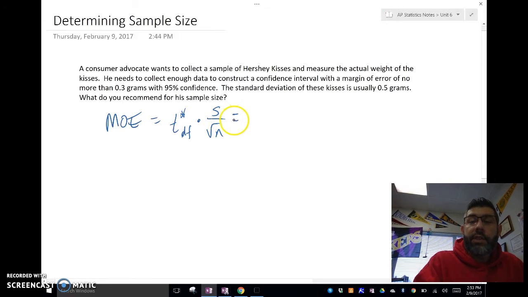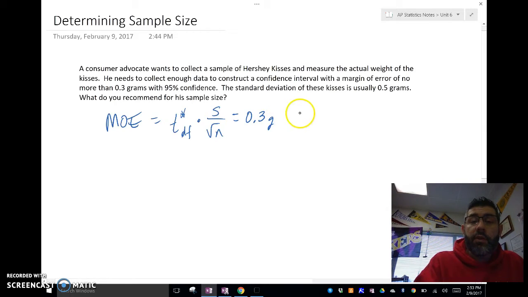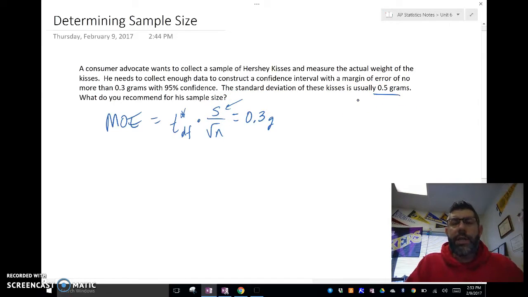The margin of error we want is 0.3. And we know s is 0.5 grams. But here's the problem. We're looking for n, because we're looking for the sample size.